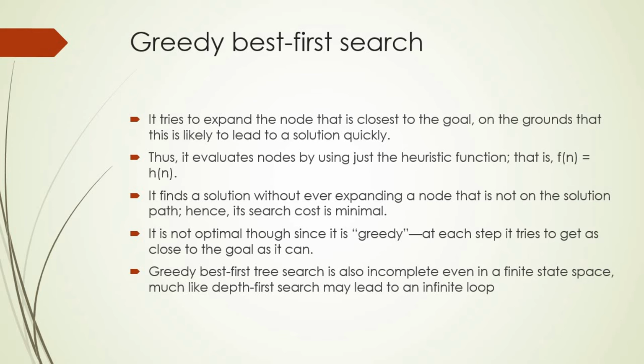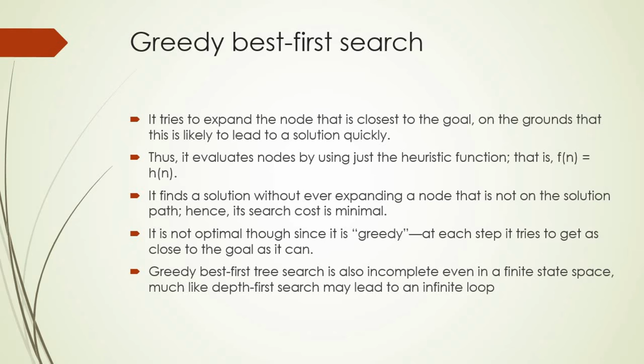So we are reducing the costs of the time complexity. But take note, as with many algorithms, it is not optimal, since it is greedy. At each step, it tries to get as close to the goal as it can. But it can also enter an infinite loop.